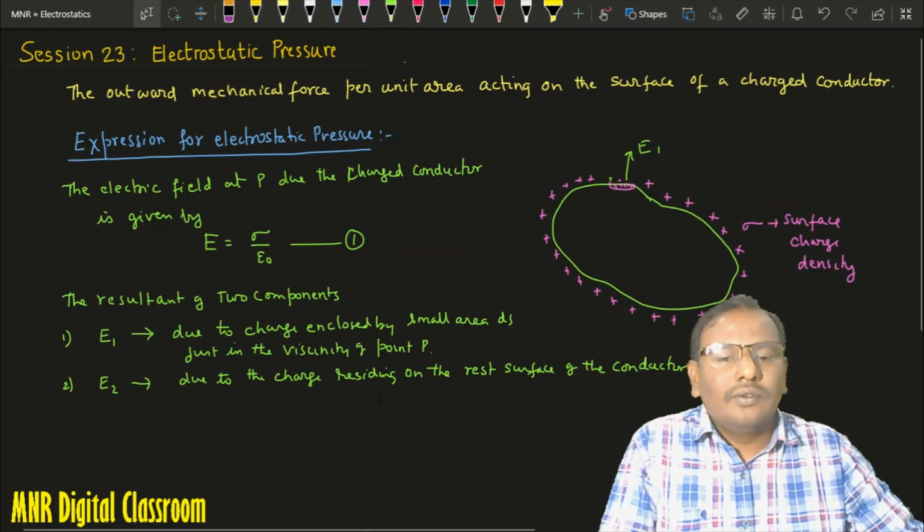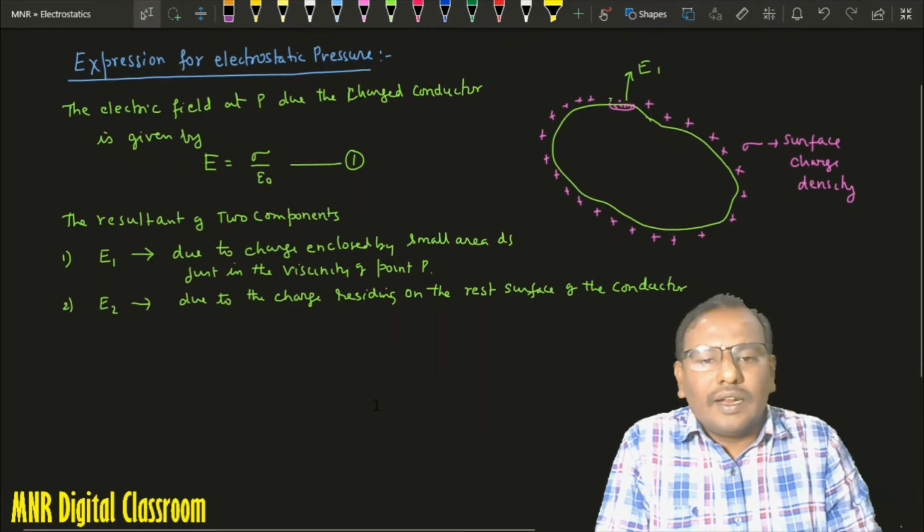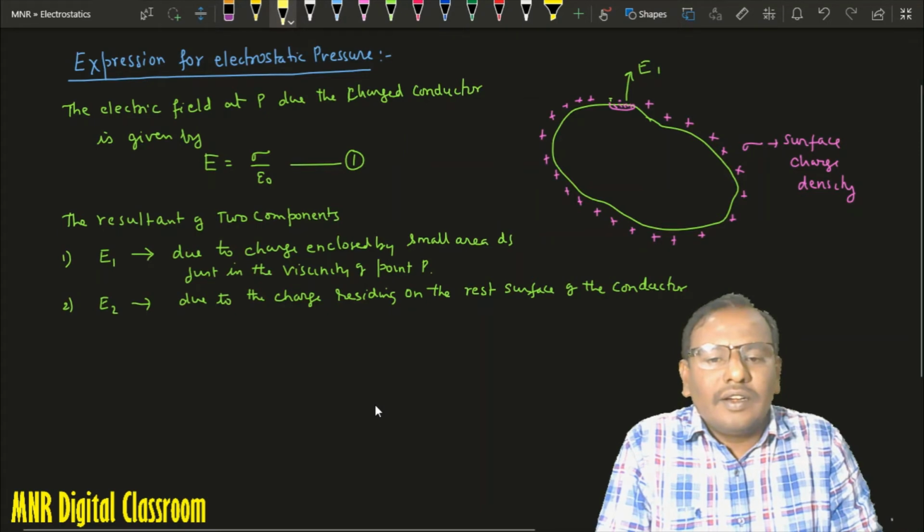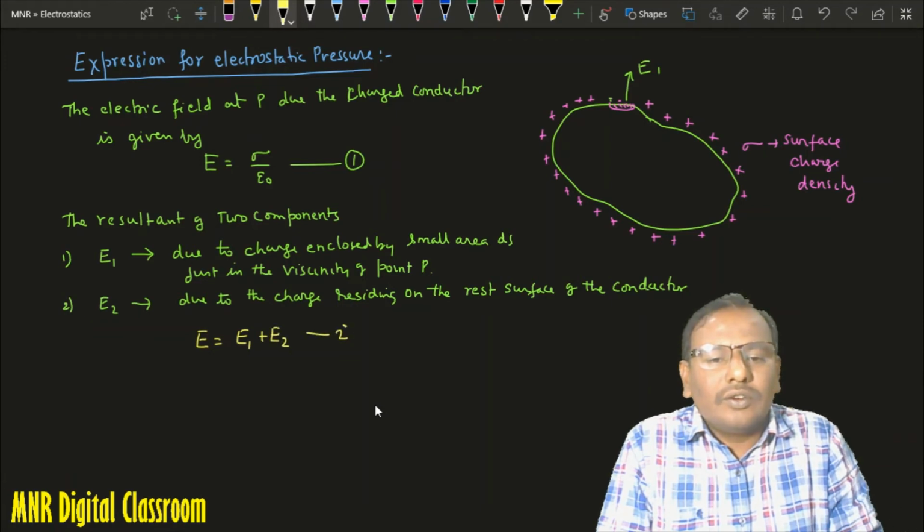Therefore, we can write the resultant electric field E is equal to the sum of the two fields, E1 plus E2. Call this equation 2.